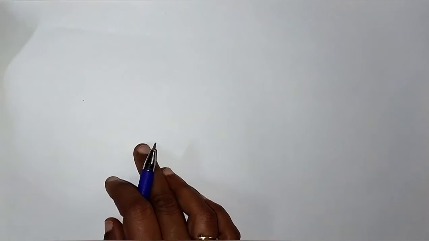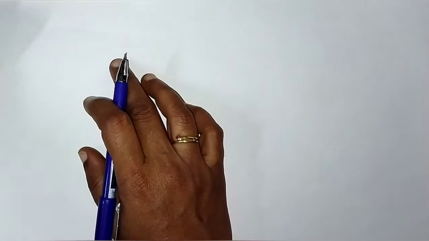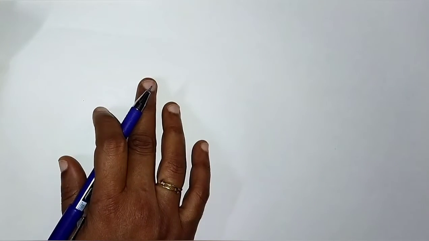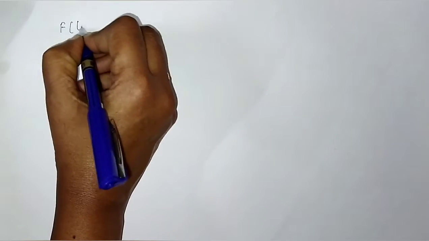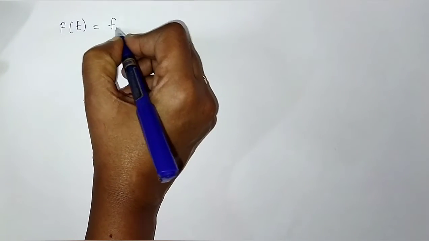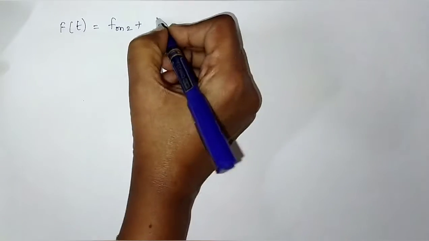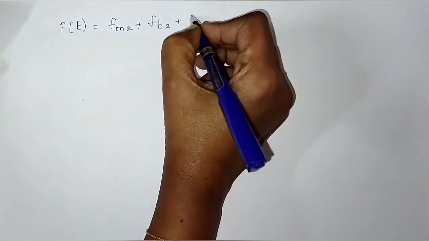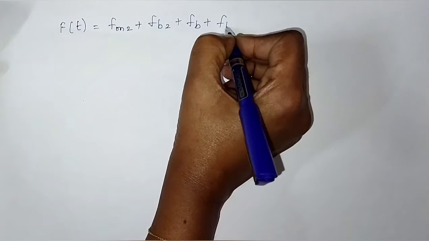Now we'll apply the condition applied force equal to sum of opposing forces. Now here applied force F of t is equal to sum of opposing forces, that is Fm2 plus Fb2 plus Fb plus Fk.